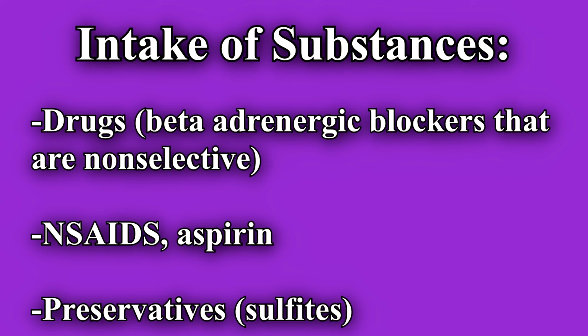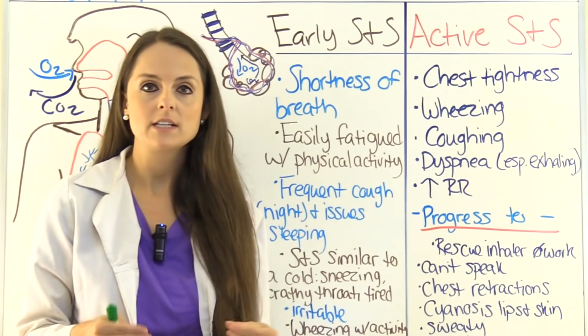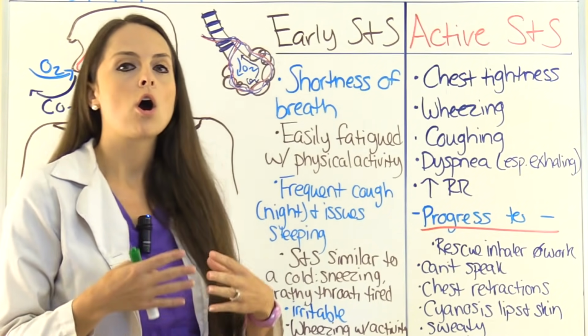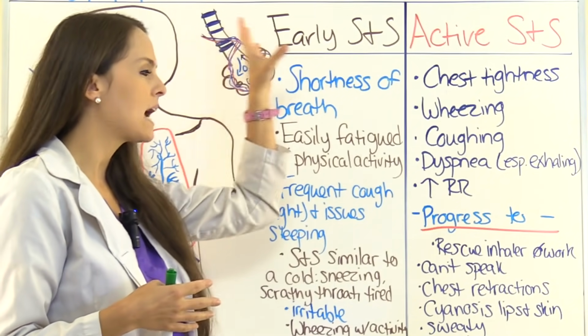For instance, beta-adrenergic blockers that are non-selective, and we've talked a lot about this in our cardiac videos. NSAIDs, aspirin, and preservatives like those sulfites. So all these things, depending on the patient, can trigger an asthma attack, and they need to be educated to avoid these things.